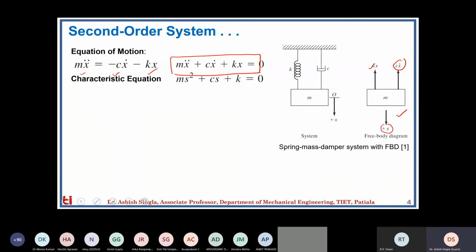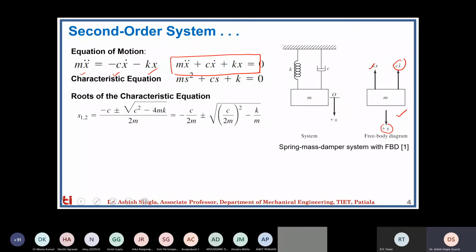If we use the Laplace transform, we can write its characteristic equation as ms square plus cs plus k equal to 0, and the roots of this characteristic equation can be found because we know that the roots of the equation are minus b plus minus root of b square minus 4ac, divided by 2a. If we plug in all these values, we get the roots of this system this way, which can be further simplified as this expression.